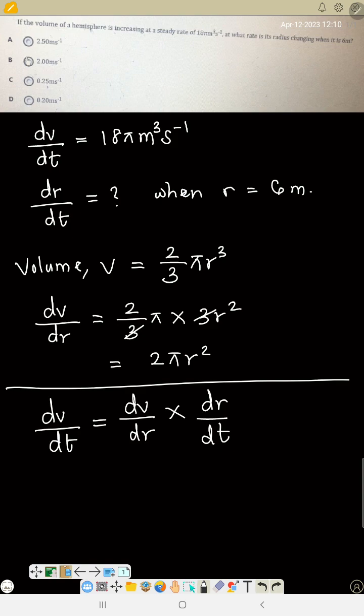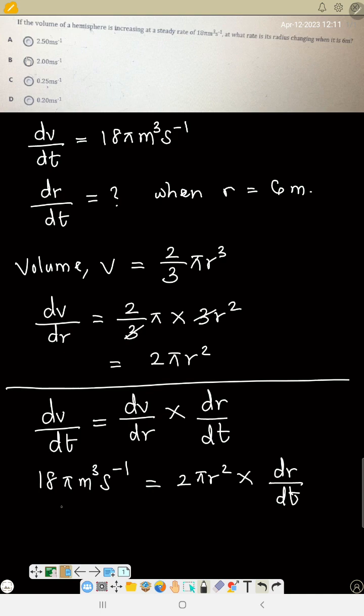So your dV/dt is given, that is 18π m³ per second, equal to dV/dr, which we know is 2πr², times dr/dt, because we are looking for dr/dt.